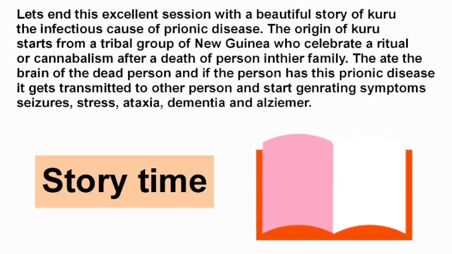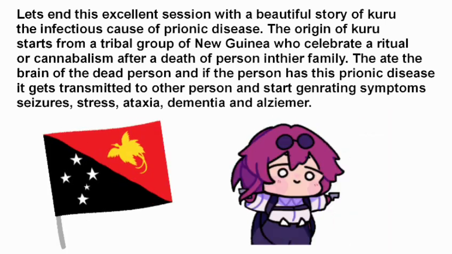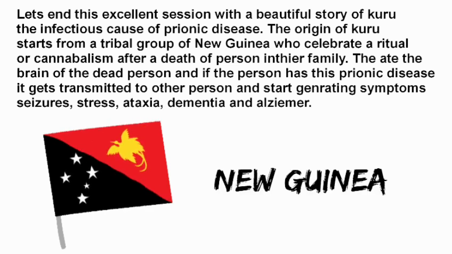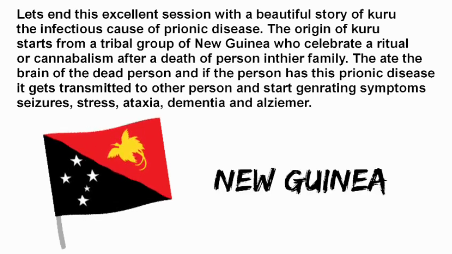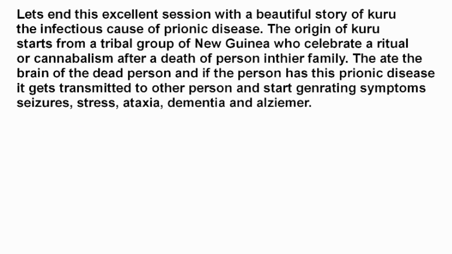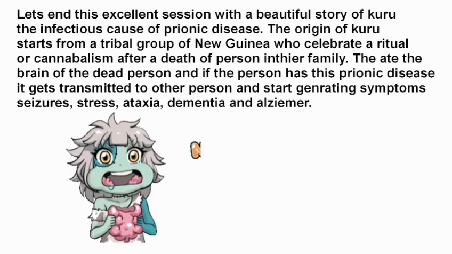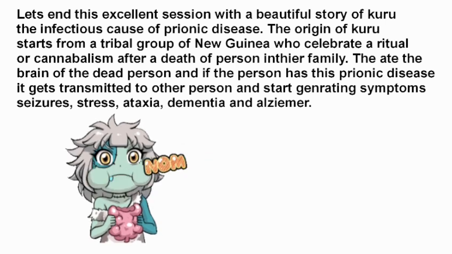So let's end this session with a beautiful story of kuru, an infectious cause of prion disease. How did it originate? Kuru started from a tribal group of New Guinea who celebrated a ritual of cannibalism after the death of a person in their family.